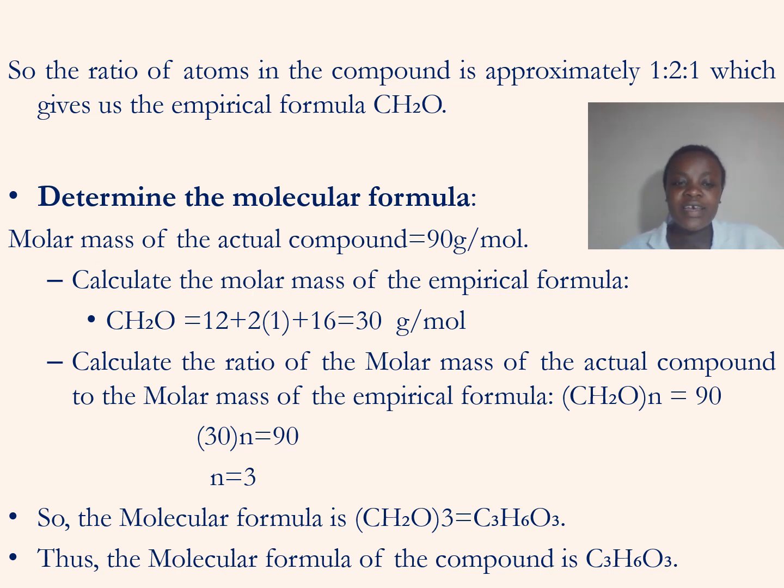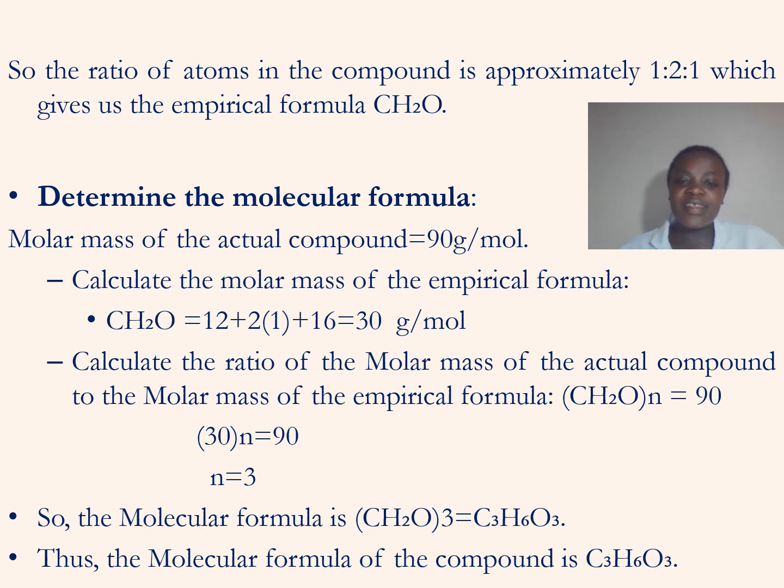So we have carbon with 12, plus 2 hydrogens to give us 2, and then 1 oxygen to give us 16. So the empirical mass will give us 30 grams per mole.